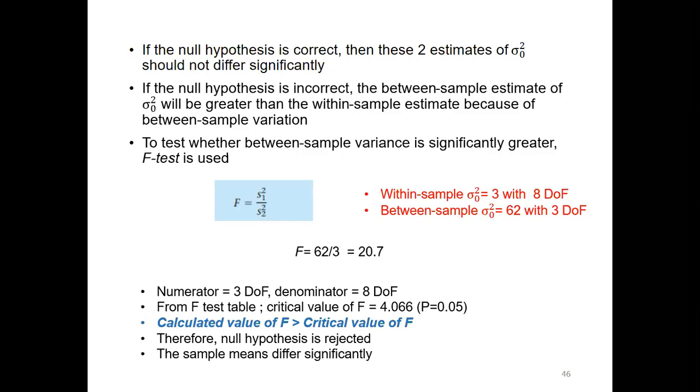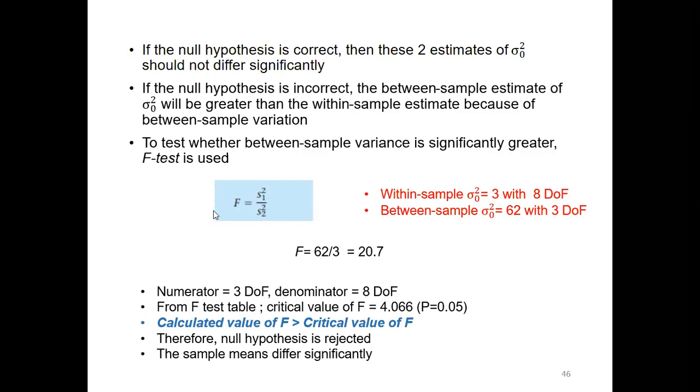This is how to do the calculation for the ANOVA. I will again go back to the first slide and quickly go through what we have done. Then you will know the overall picture and how to do the calculation. As a revision, I will go back to the first ANOVA slide and explain.